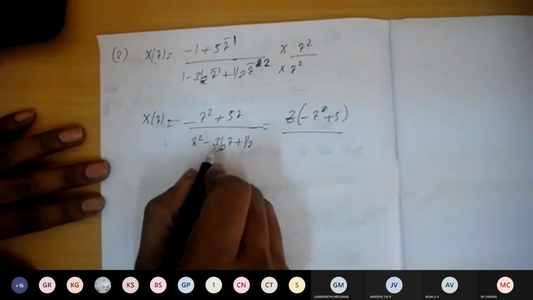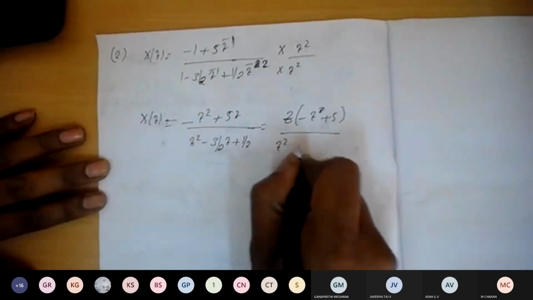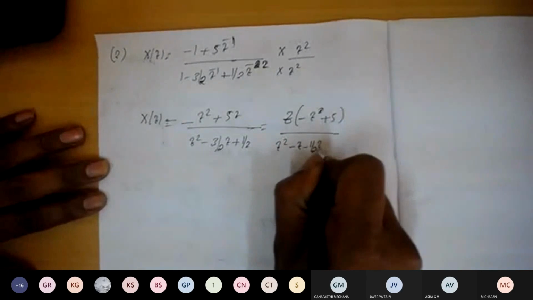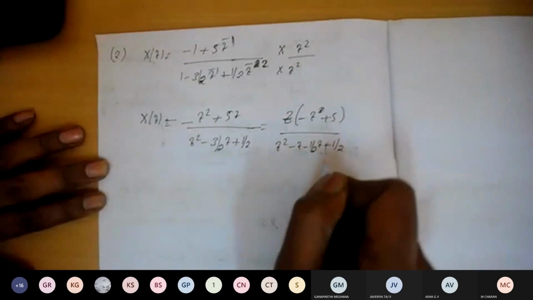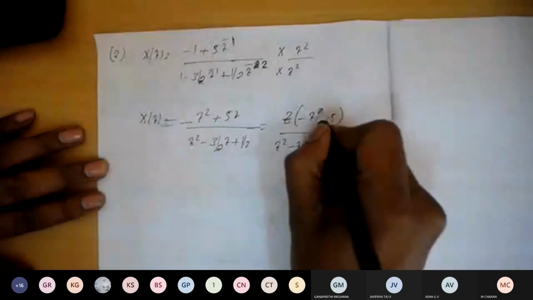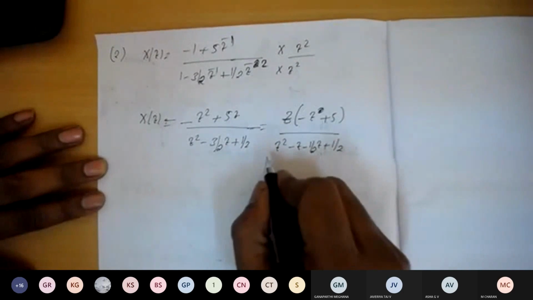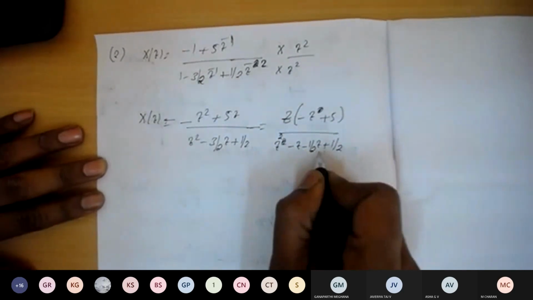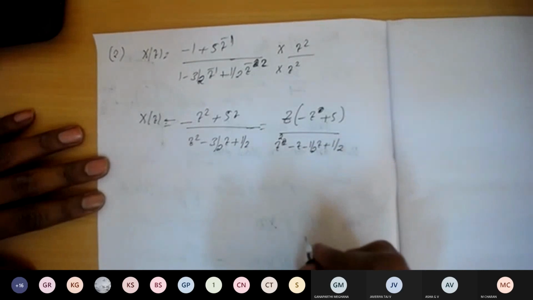So the denominator is z square minus z minus 1 by 2 z plus 1 by 2.